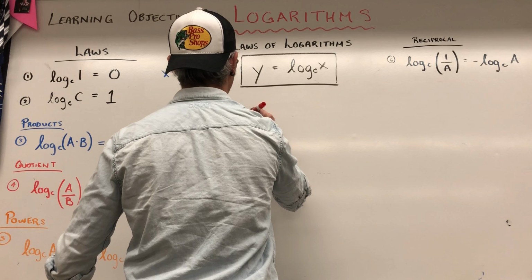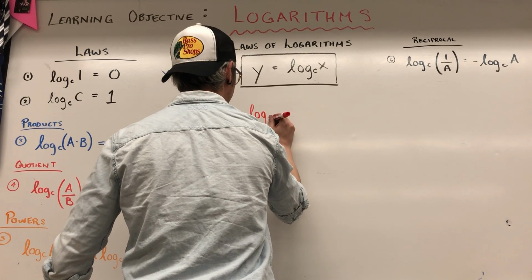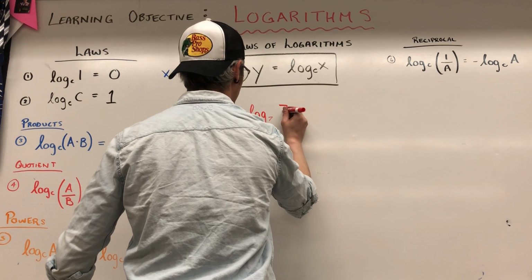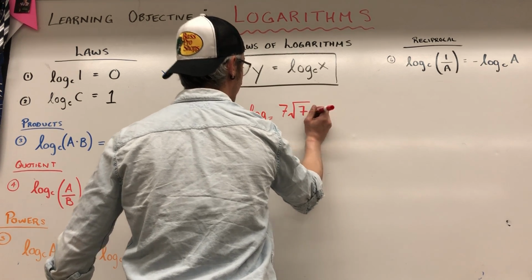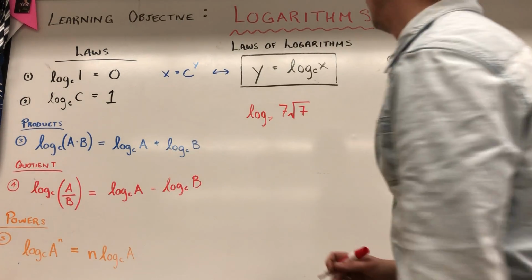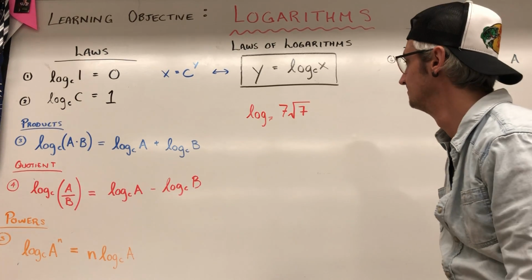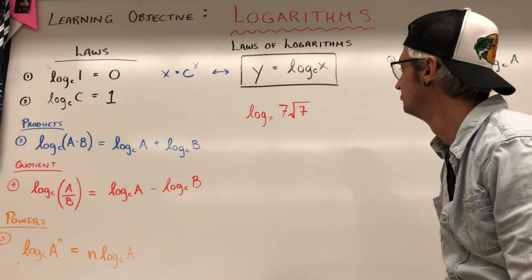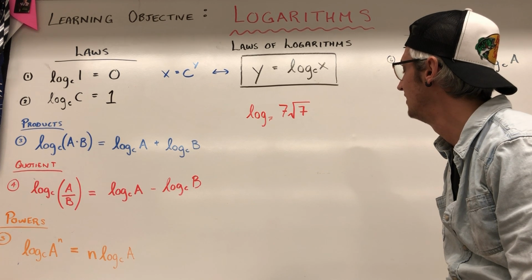Okay, here we go. We've got log base 7 of 7 root 7. Holy crap. So we have 7 to the power of 1 times 7 to the power of 1/2.